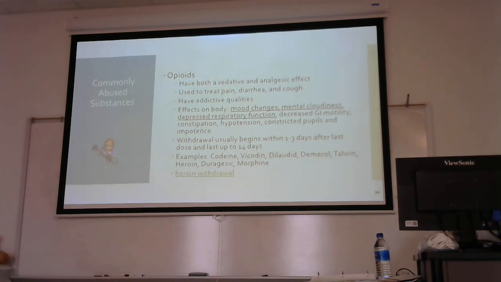It depends on their last dose. Again, withdrawal is always going to depend on when their last dose was, how much it was, and how long they've been using. So the problem with these is that they are right there by that pain center, right there by that reward center. So it's very addictive.